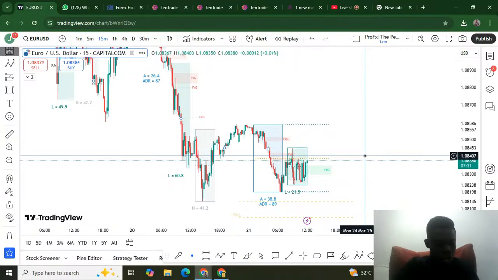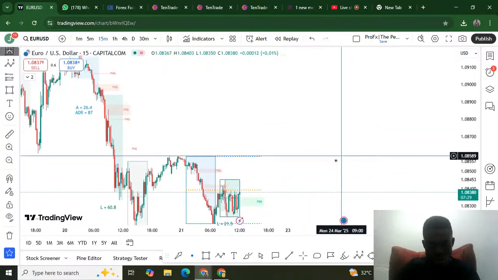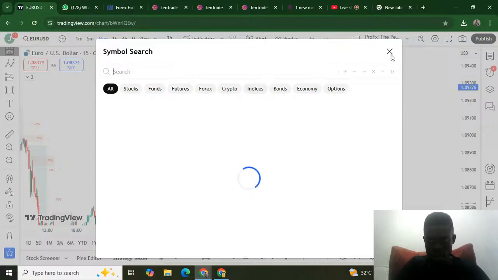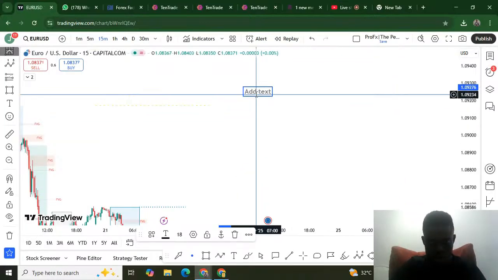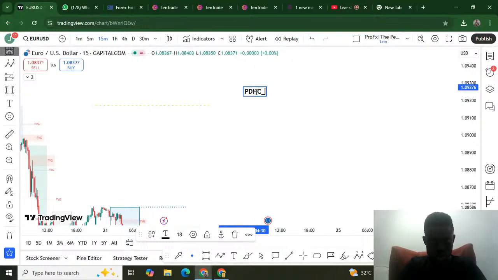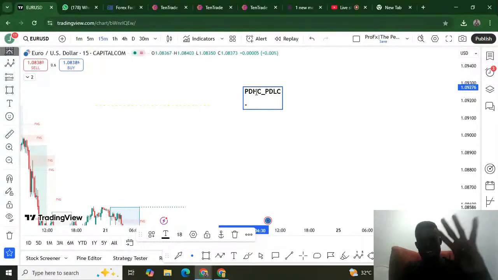So I come to my chart. Let me write out some things for us here as a note. What we are dealing with is previous day high close, previous day low close. And we have four variants for this.